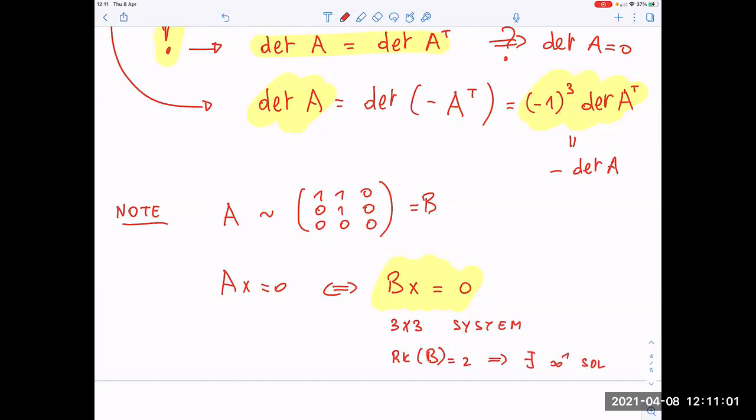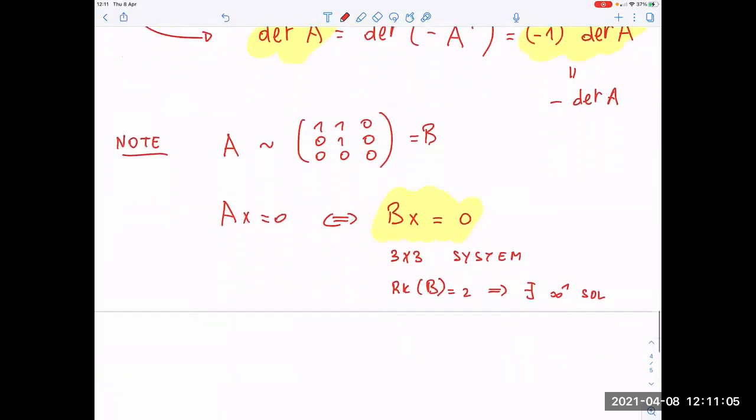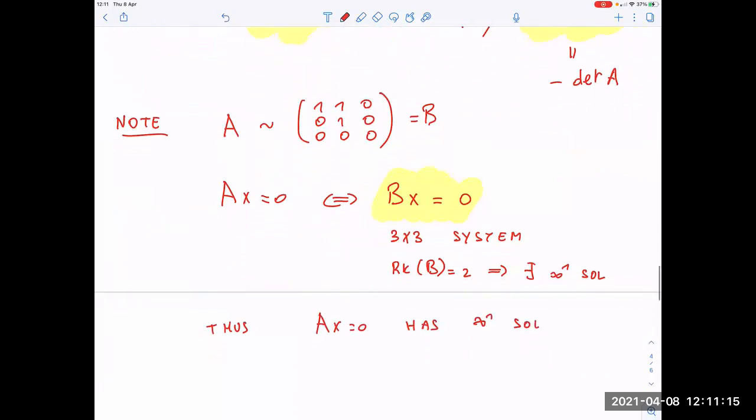So let me ask you, does AX equals 0 have infinity to the 1 solutions? And now let me ask you, can A be invertible? What do you think?